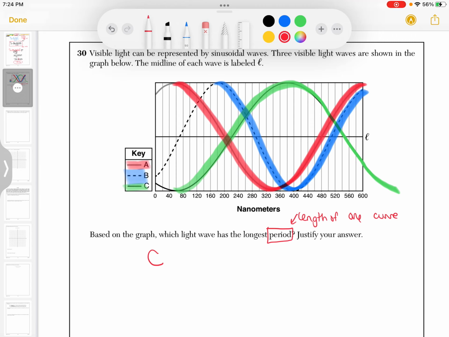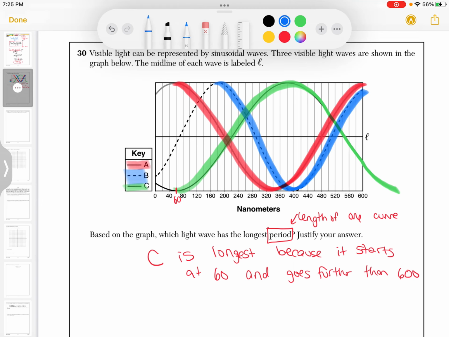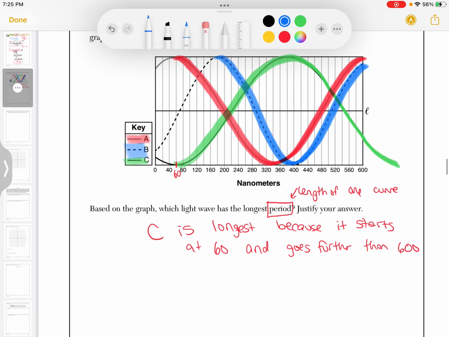So I'm going to use words for this one, and I'm going to say C is longest because it starts at about, what would be right there, 60, and goes further than 600. Now I can actually find the length for B. Let me keep these color coded.